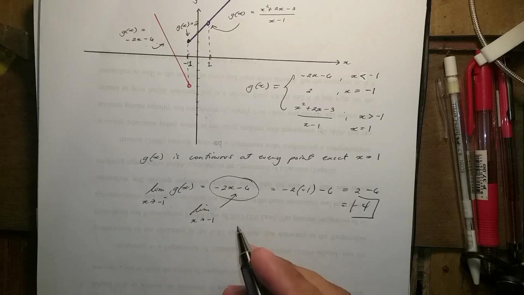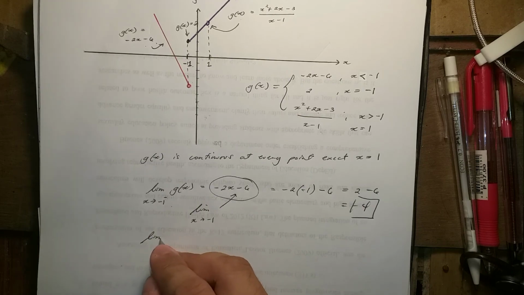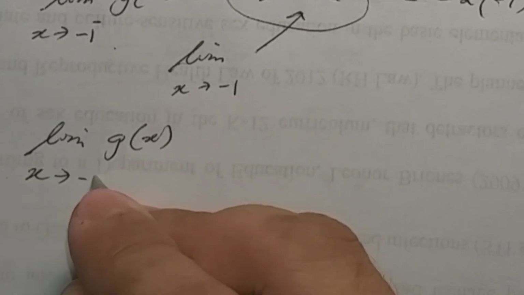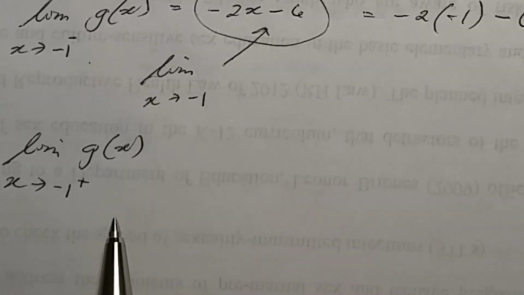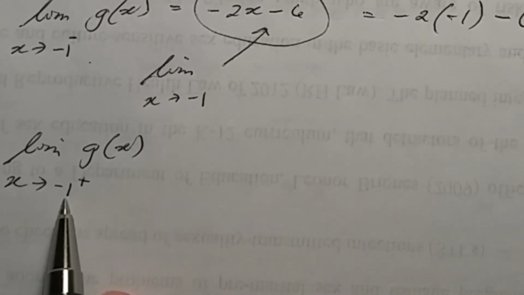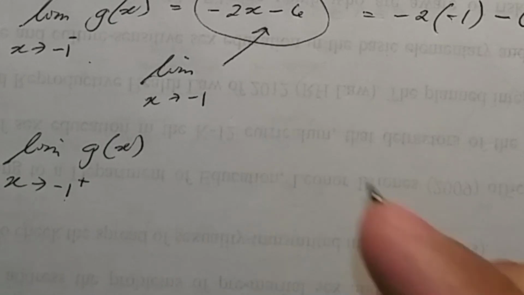On the other hand, we have the limit of g of x as x approaches -1 plus, meaning we need to get the limit of g of x as x goes to -1 coming from the right.